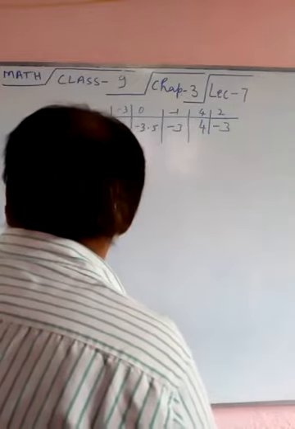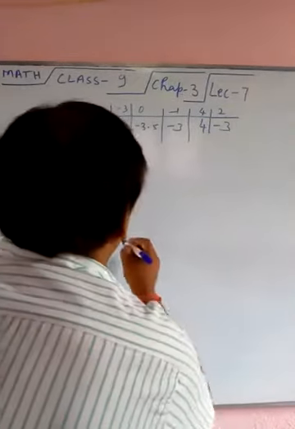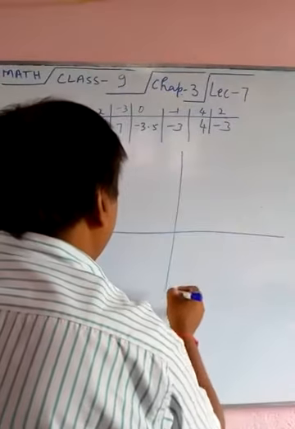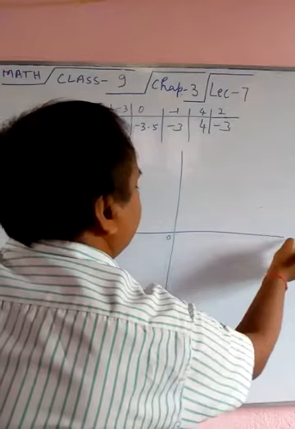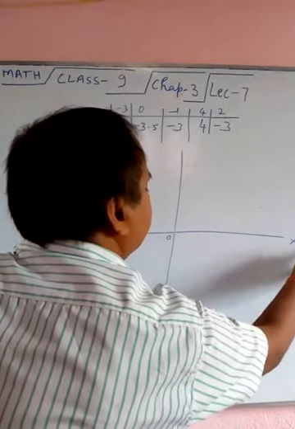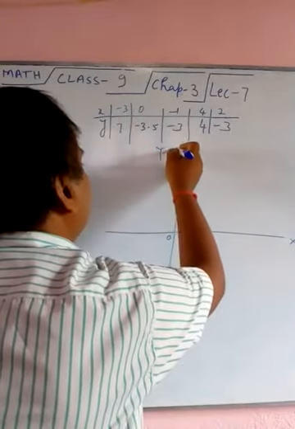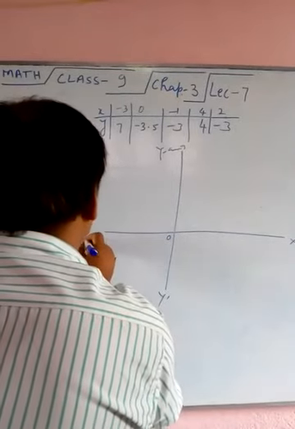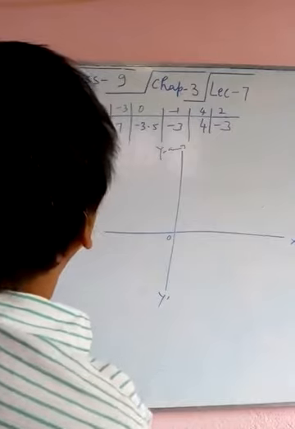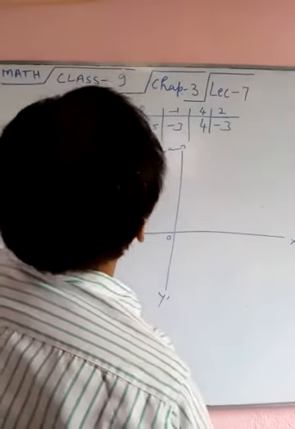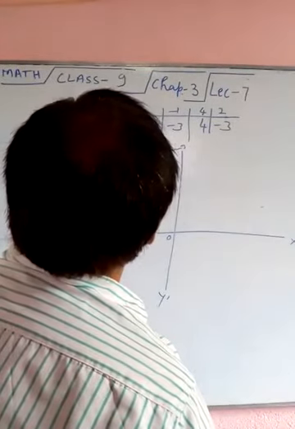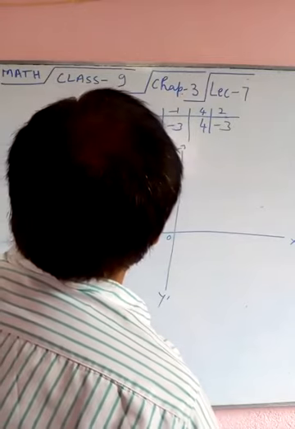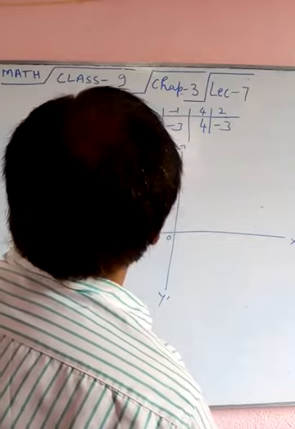So first you have to plot a Cartesian plane. That means a plane having the x-axis and this is the y-axis. Here x is highest in the positive direction, +4 is there, and in the negative direction it is -3.